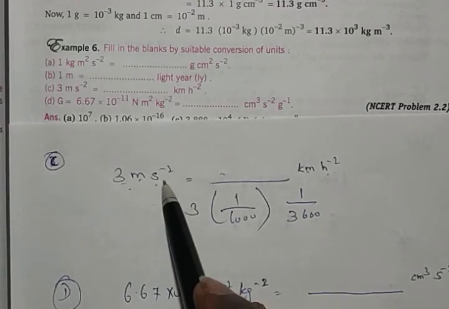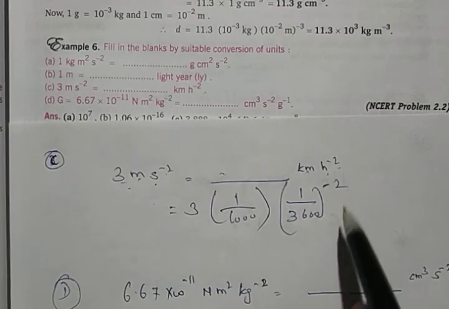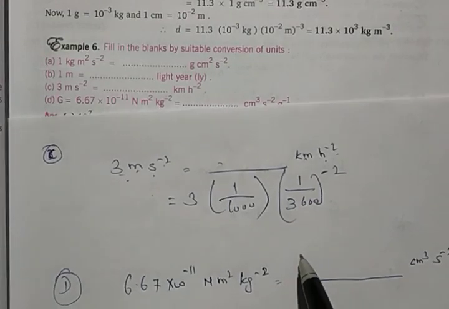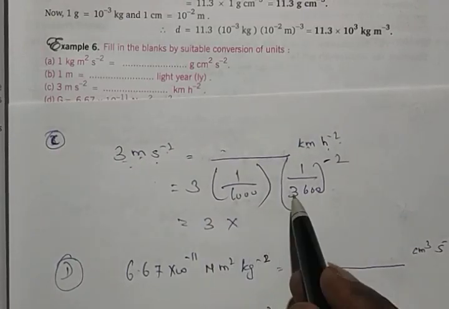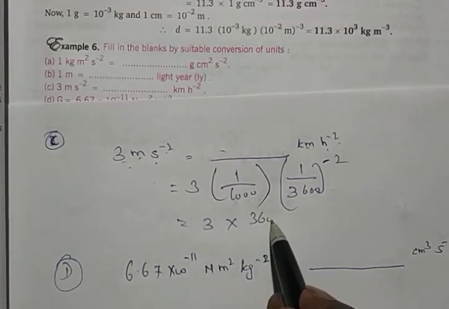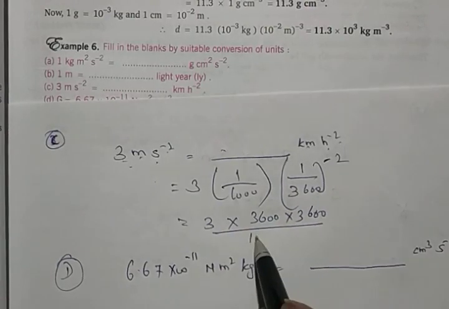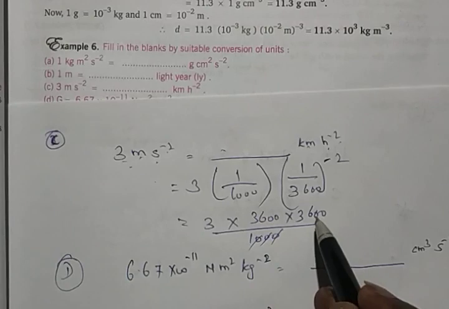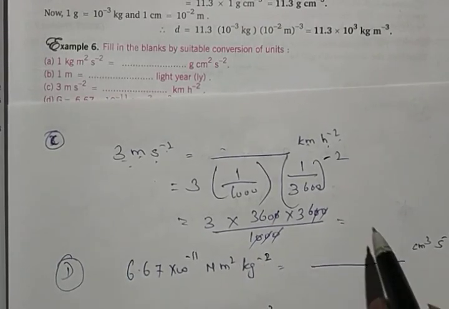Now this is already minus 2, this is also minus 2, so to the power of minus 2 it will be written here. So when you do the calculation, 3 into, this one goes up, 3600 into 3600 divided by 1000. This gets cancelled here, and the rest of them you can write as an answer.